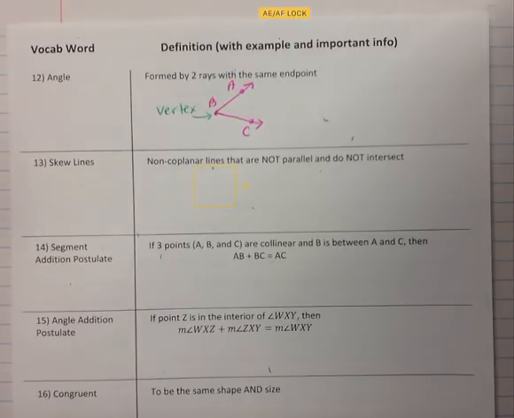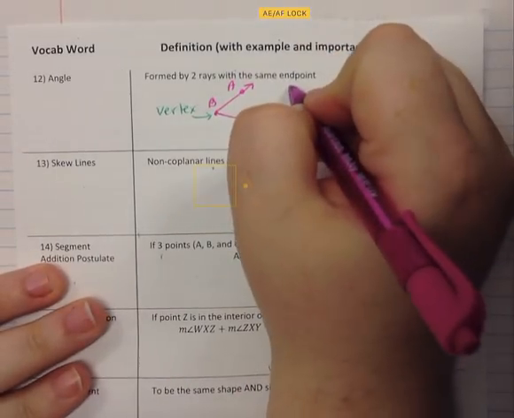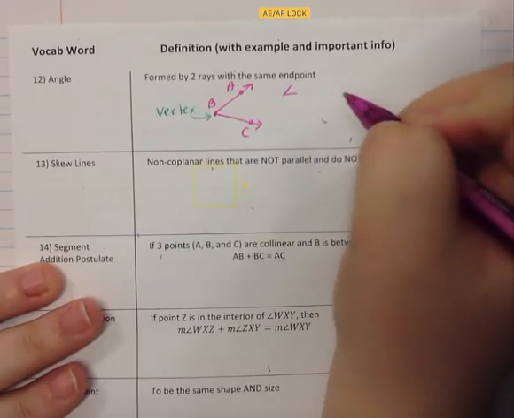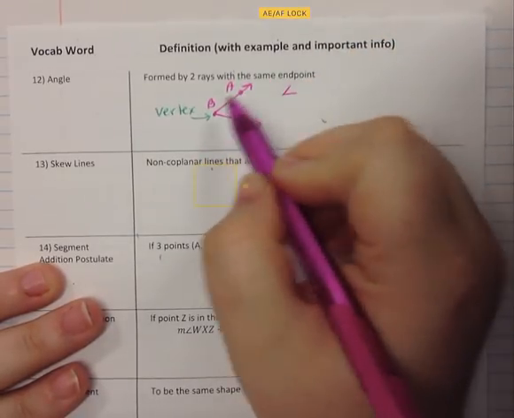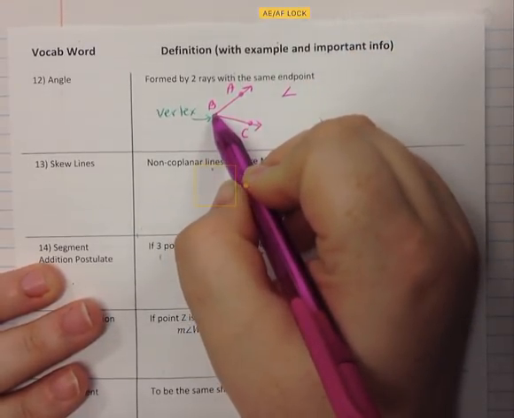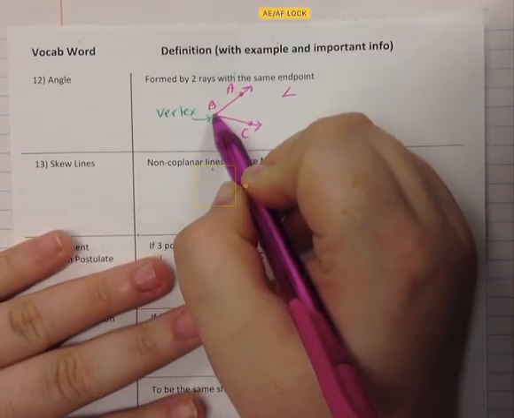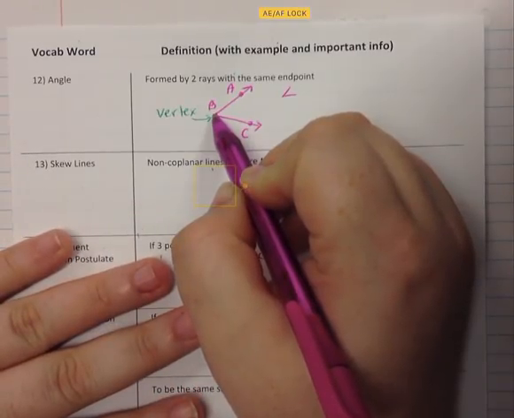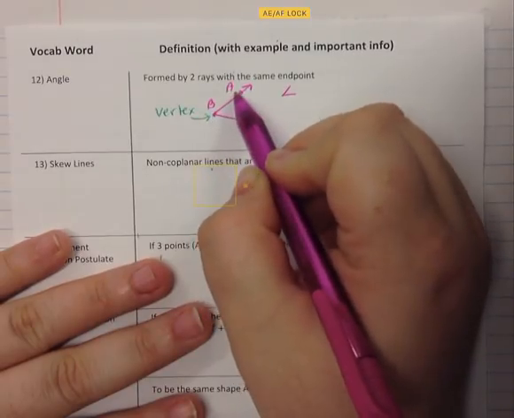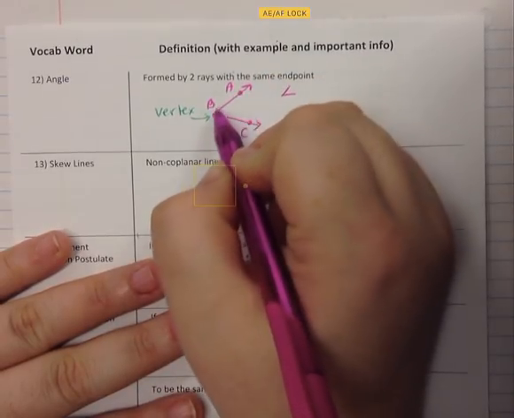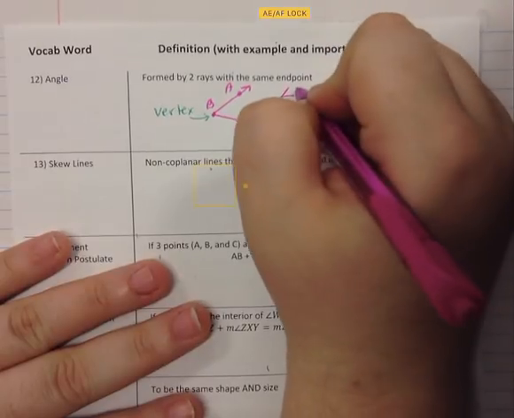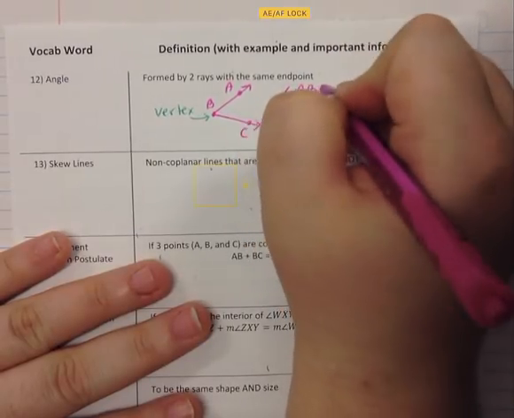So to name the angle, you would use the symbol for the angle, then your three letters. Your vertex needs to be in the middle. Just like in quadratics, your vertex is always in the middle of your parabola. Same thing holds true for angles. You would name this as angle ABC. So we would use the symbol angle ABC.